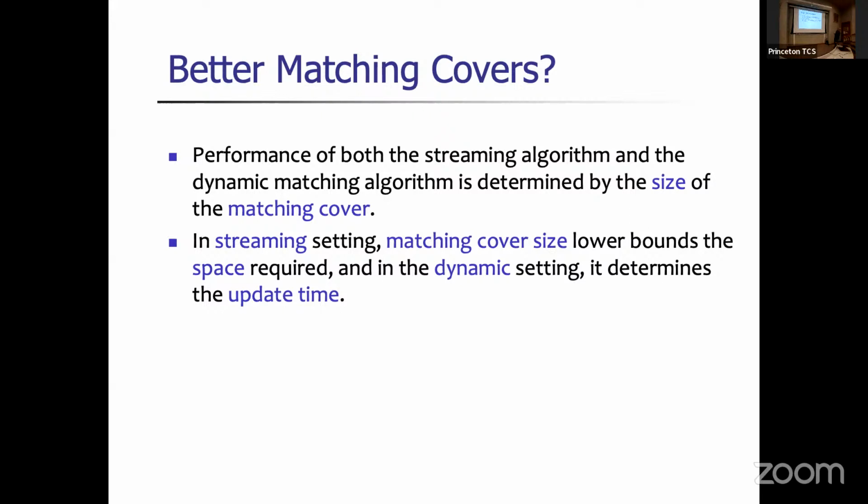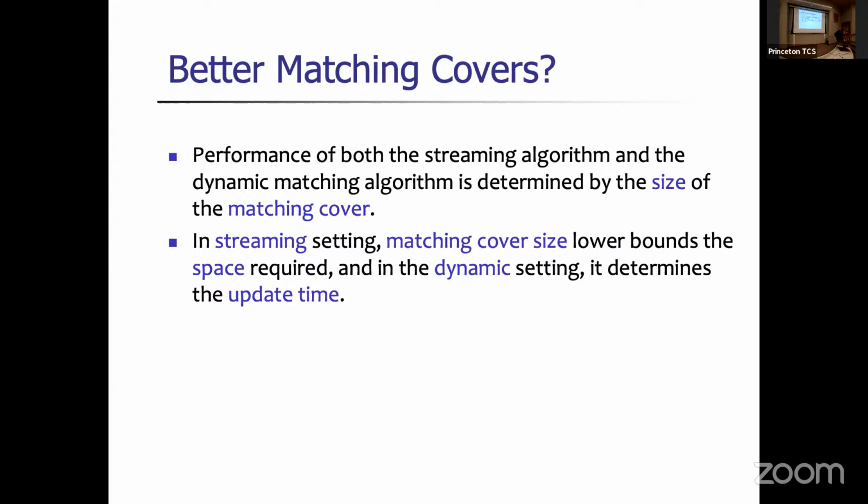So then, good. Okay. I want to spend just a little bit of time telling you about an interesting connection between matching covers and RS graphs. With what I've shown so far, it's clear that the performance of both our streaming algorithm and the dynamic matching algorithms are really determined by the size of these matching covers. In the case of streaming, this determines the space I need.